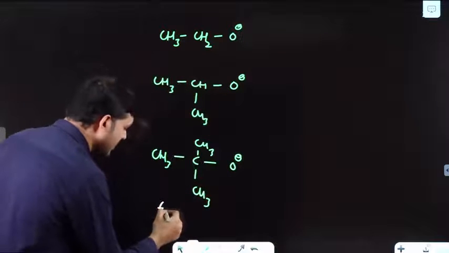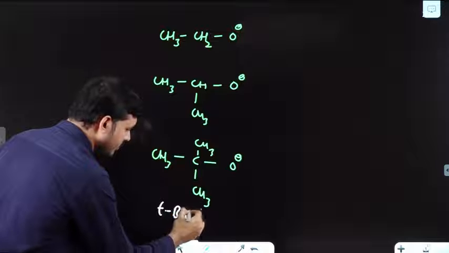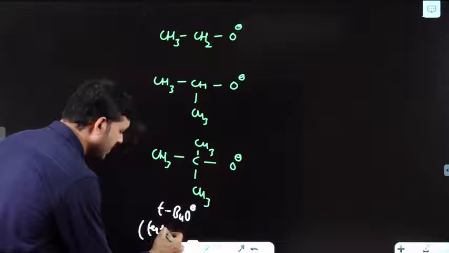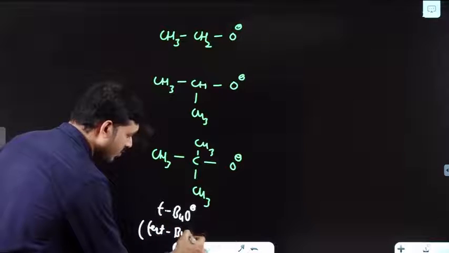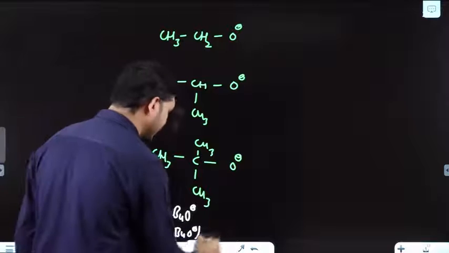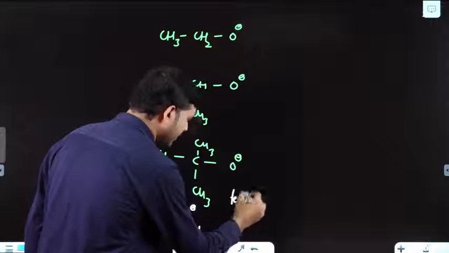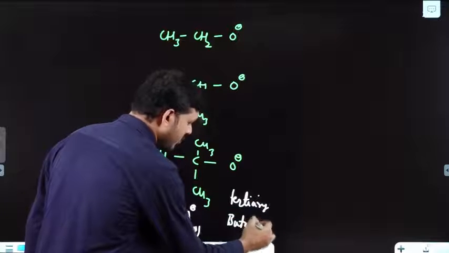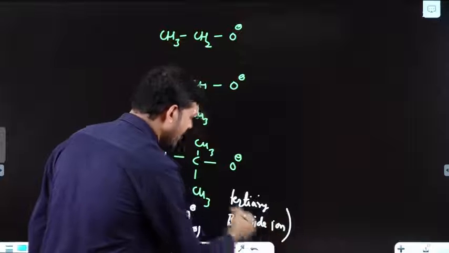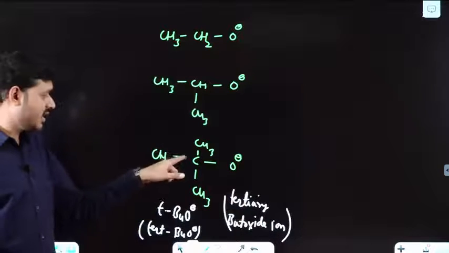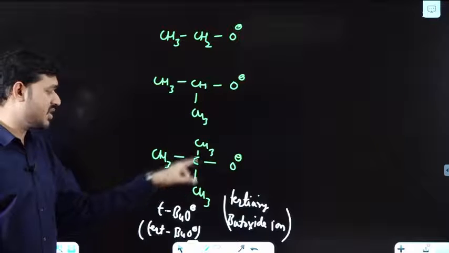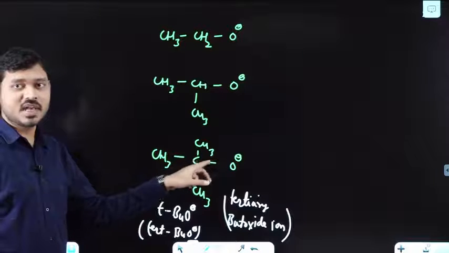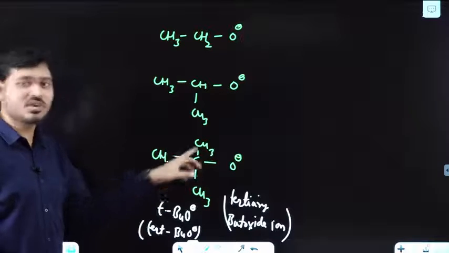It is represented as t-BuO minus, the tertiary butoxide ion. This carbon has three methyls, so it is tertiary butyl, connected with OH, H is removed, O minus, so tertiary butoxide ion. Clear?